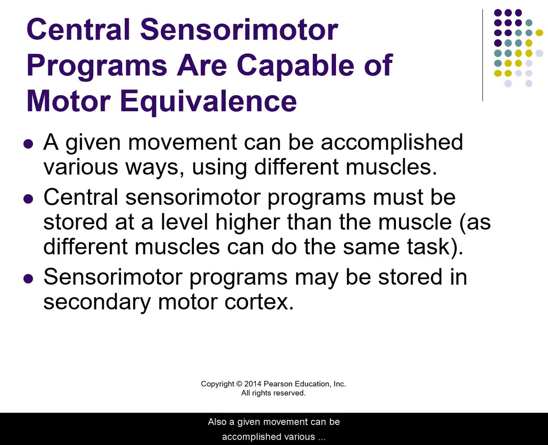Also, a given movement can be accomplished various ways using different muscles. Now think about that. You'd think we would only be able to lift our arms in one manner, like constricting the bicep and bringing it up.